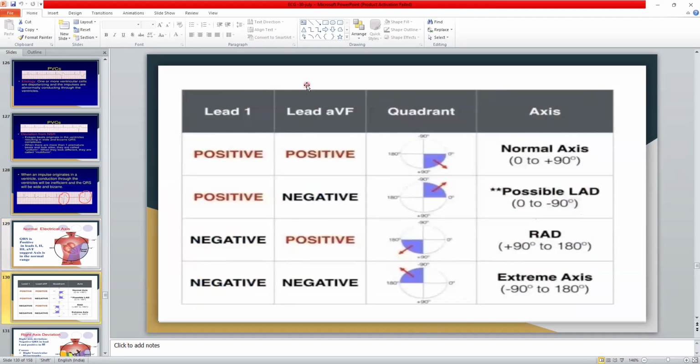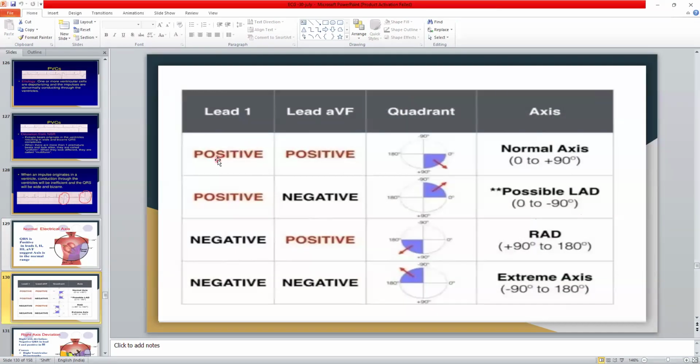Yesterday I told you how you have to calculate or interpret the cardiac axis by the quadrant method. According to this quadrant method, you have to measure the R wave and S wave.